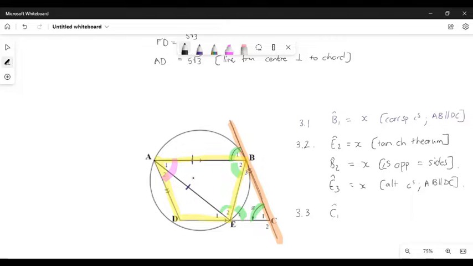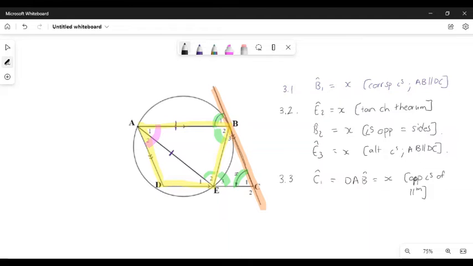Do you guys see that C1 and DAB will both be equal to X? The original one that they gave us, the C1, can help you to get that. No. Now we need to conclude that it is a cyclic quad.